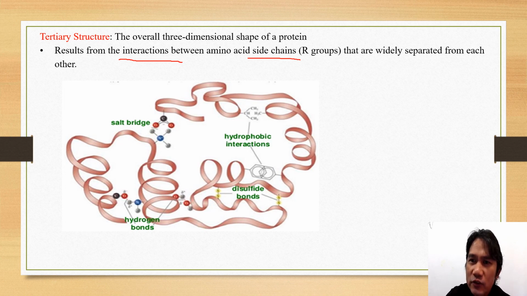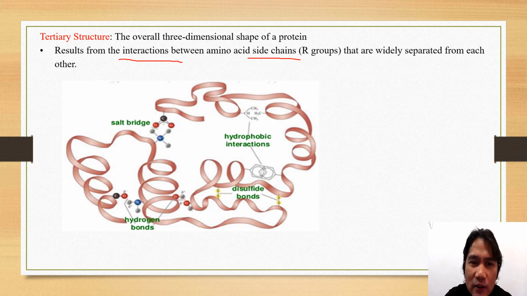These amino acids are widely separated from each other, but they exhibit forces. So we can say that in order to stabilize this tertiary structure, it's actually the side chains or the R groups that govern or maintain it.